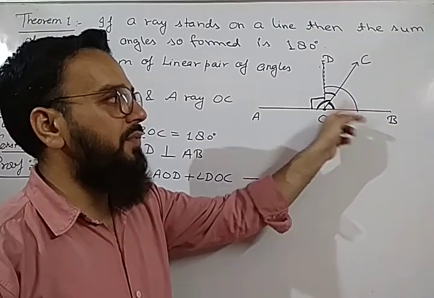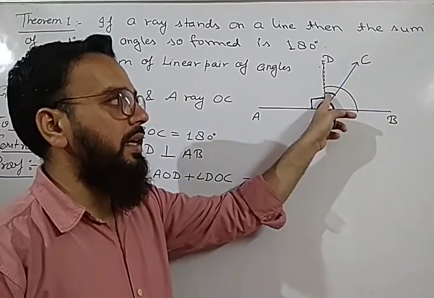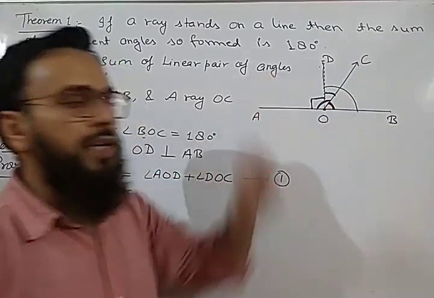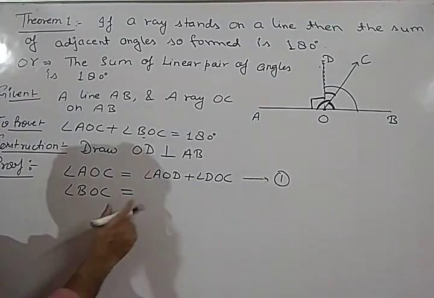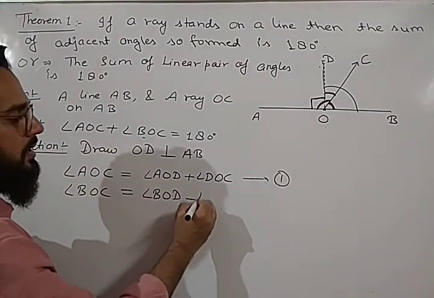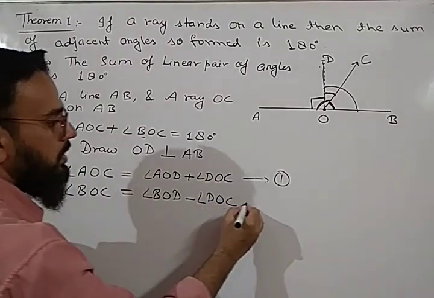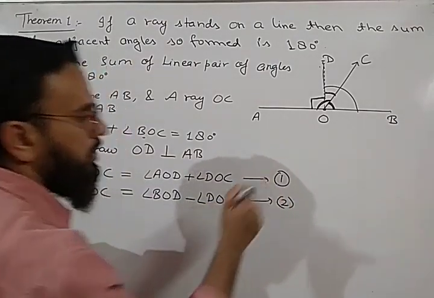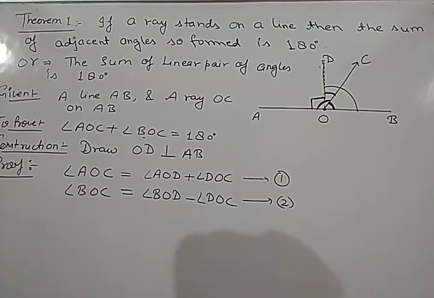If from this angle we subtract angle COD, then we will get angle BOC. So we can write angle BOC as angle BOD minus angle DOC. This is our equation number 2. So we have written these two equations.